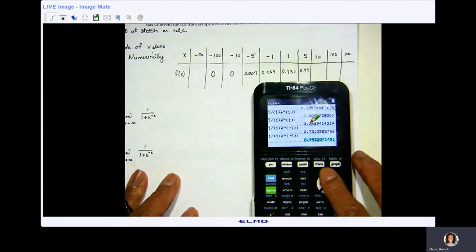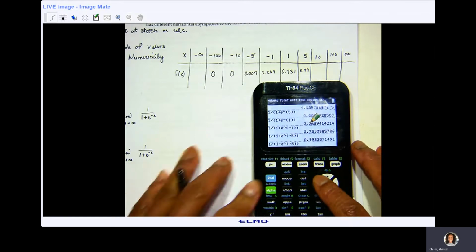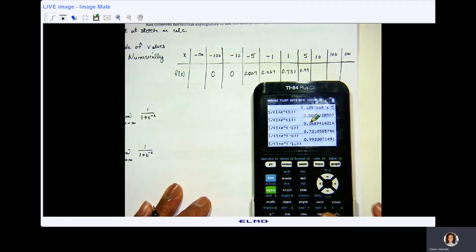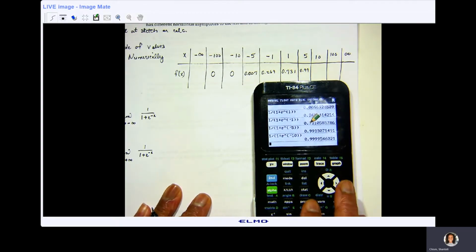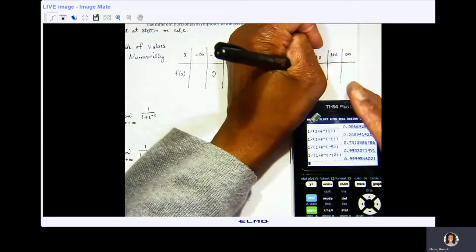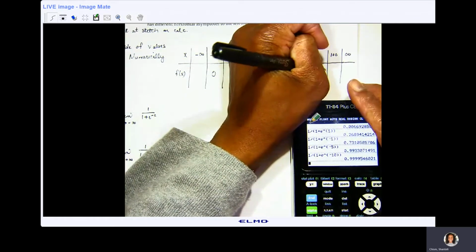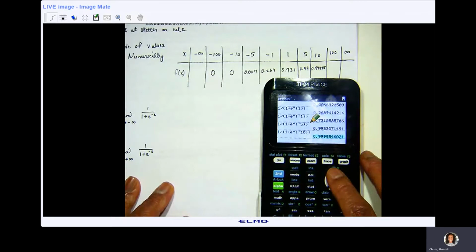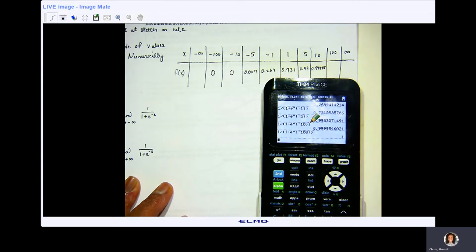And I plug in negative 10. We get 0.99995. When we plug in 100, we get 1.